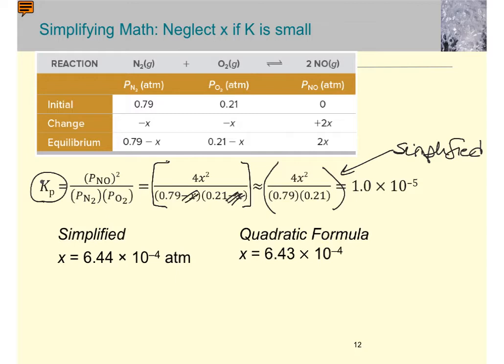And when can you do that mathematically? When is it okay to neglect an x? It's okay to neglect an x if the values it's being added or subtracted to are large compared to x, right? When will that be true? How do we know when it's okay to neglect x?